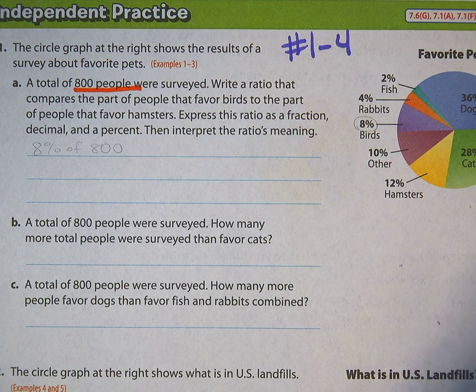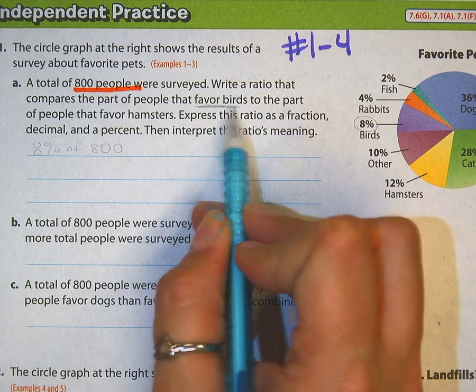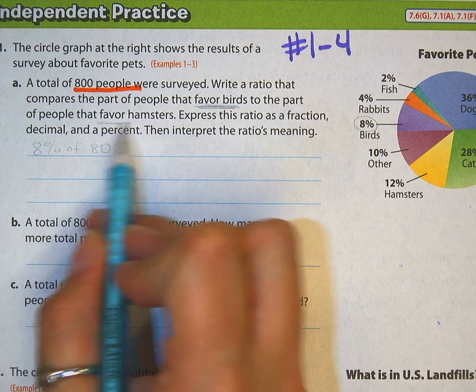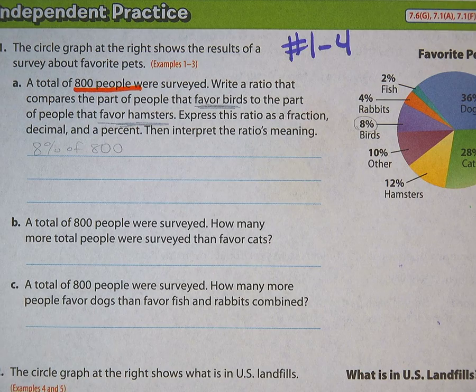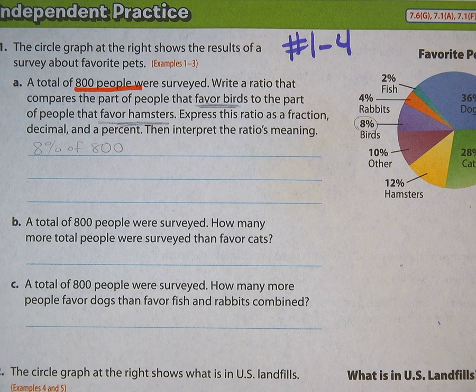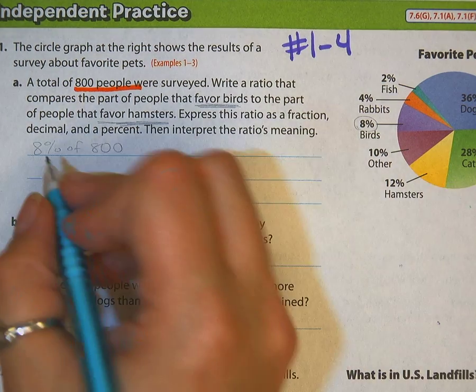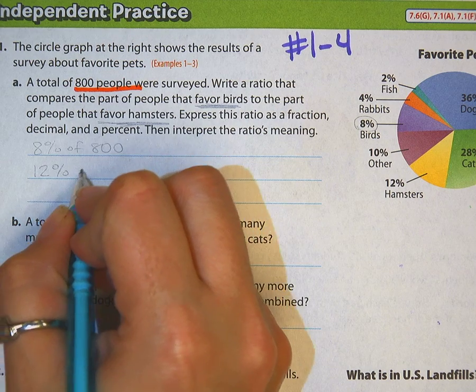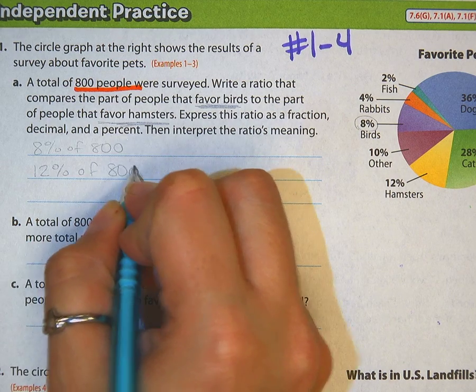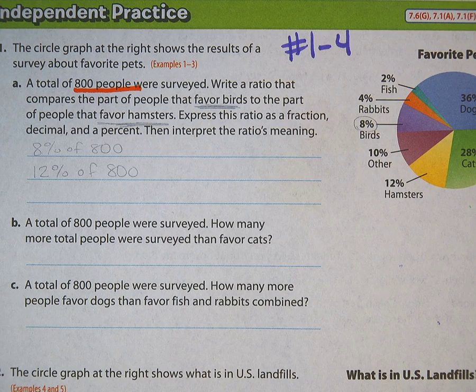And then we're going to look at birds to the part of people that favor hamsters. What's the percent that favor hamsters? 12%. Of how many? Of 800.